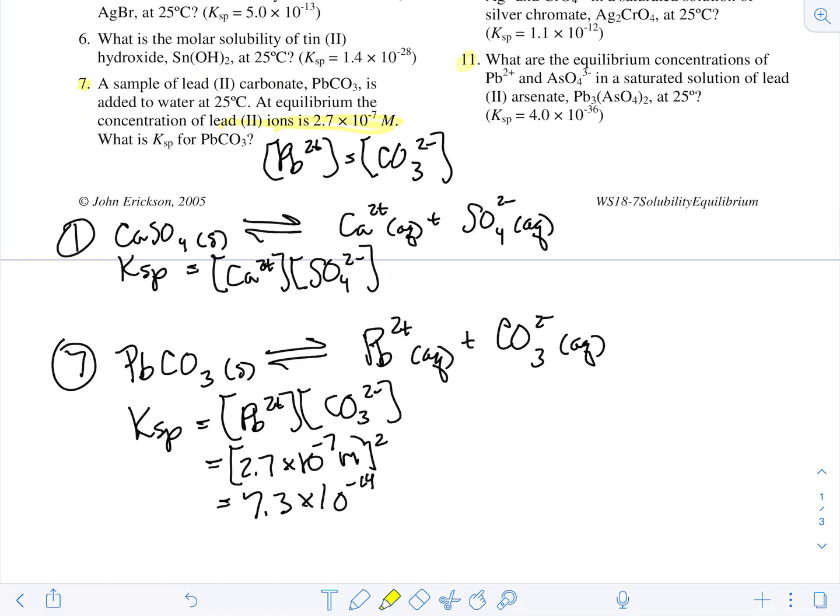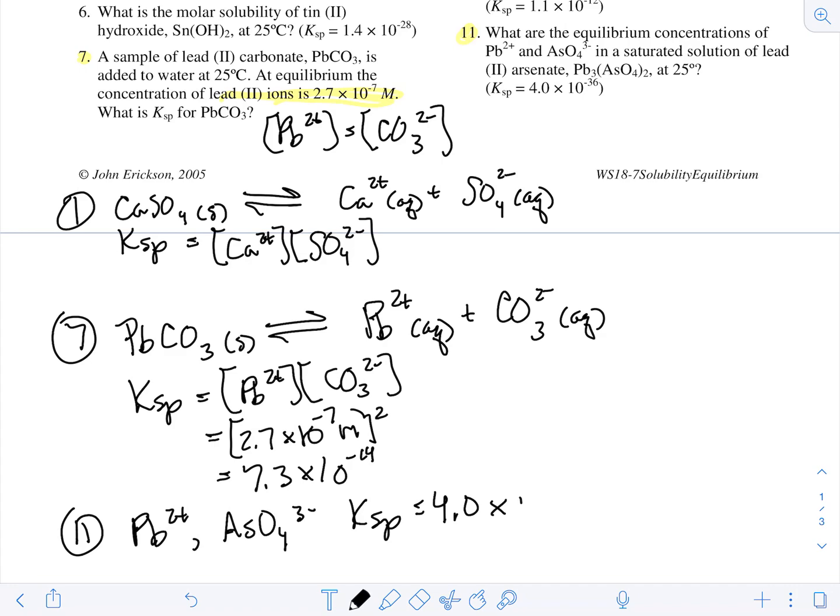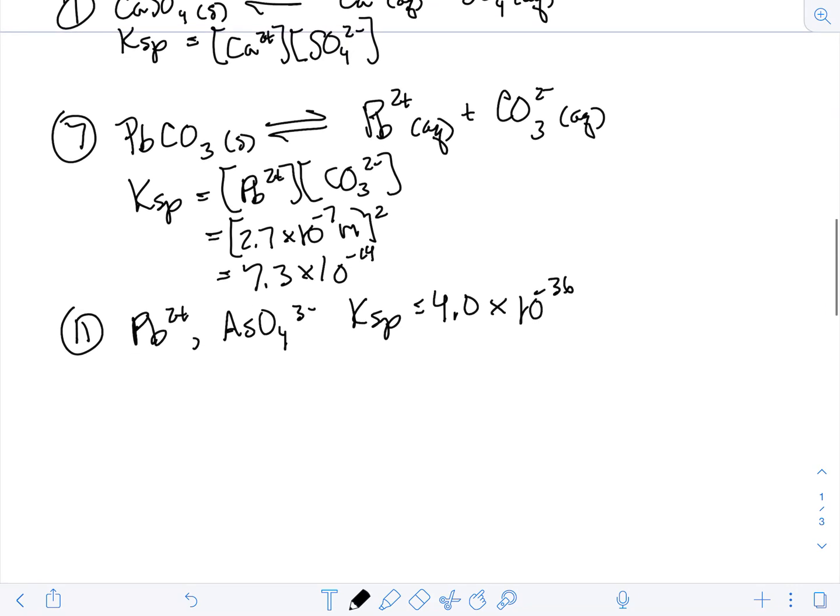Okay, I do want to show you how to do an ICE table. So I'm going to do number 11 here since it's towards the bottom. They want to know the equilibrium concentration of Pb2+ and arsenate. They give us the Ksp, which is 4.0 times 10 to the negative 36. So I have to set up a balanced chemical equation first.